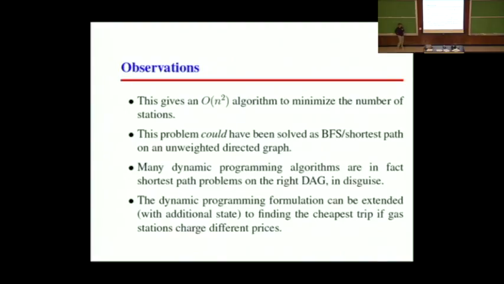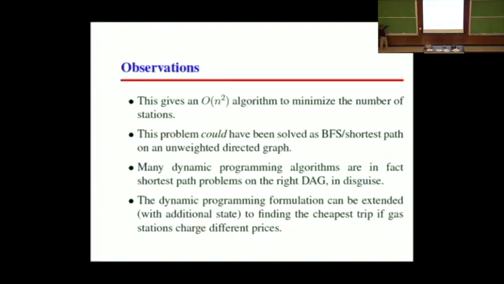Does everybody see another way to think about the greedy algorithm? It was: drive as far as you can before running out of gas, then fill it up and drive as far as you can without running out of gas. Another way to look at that would be if I put an edge between any two stations within driving range of each other, whose distance is less than r, and then do a breadth first search from here to there.